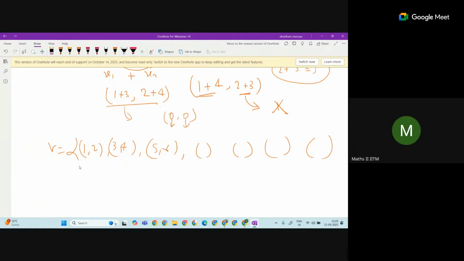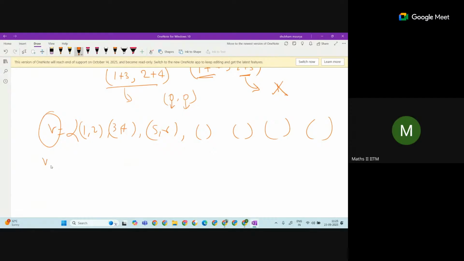So this V is actually going to be infinitely many. I am here defining some plus between these two. How it's happening, as just now I defined: 1 plus 3, 2 plus 4. This is how it's defined.